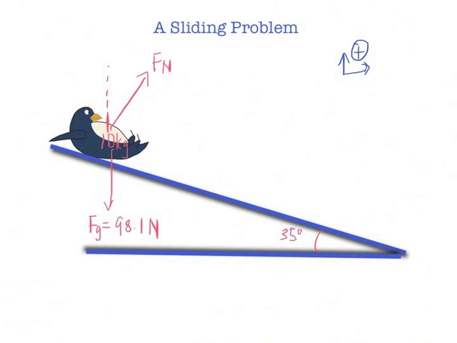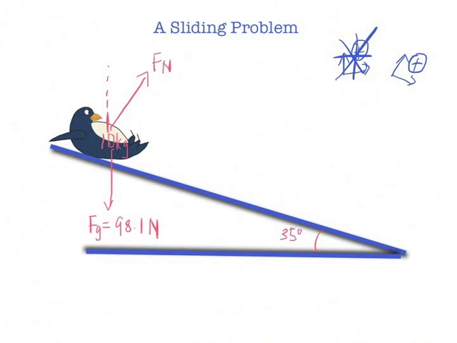Choice number two is to set the coordinate system this way, tilted 35 degrees clockwise, so that now we have the slope lying on the axis. In the second case, the normal force is lying on the axis and the weight force is not. So we're going to have to break the weight force down into its new x and y components. We want to use the second coordinate system, and that's the case for most slope problems. You'll quickly find out why later on. So for this one, we're going to use that one.